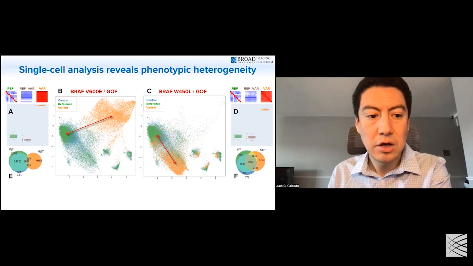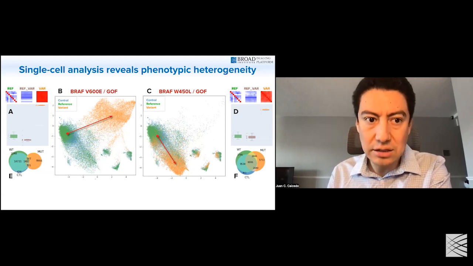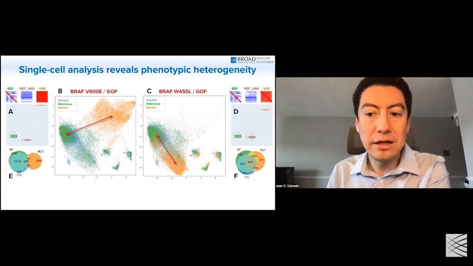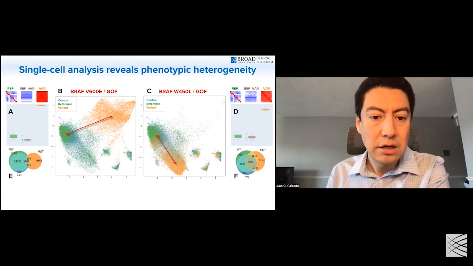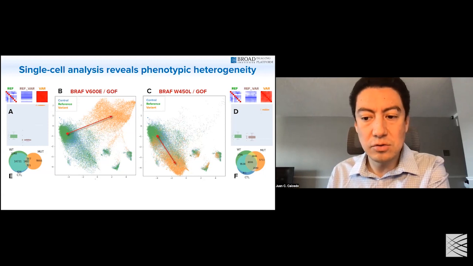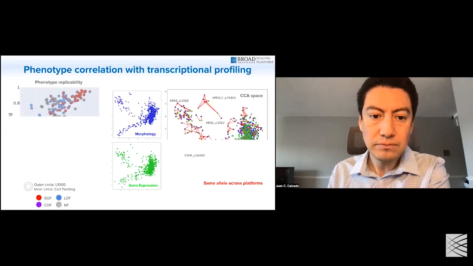Both of them were classified as gain of function mutations in the VIP algorithm that I described before. But when you look at the single cell resolution, you can see that they are kind of gaining different functions, if you like. And this would be interesting to look at in detail.